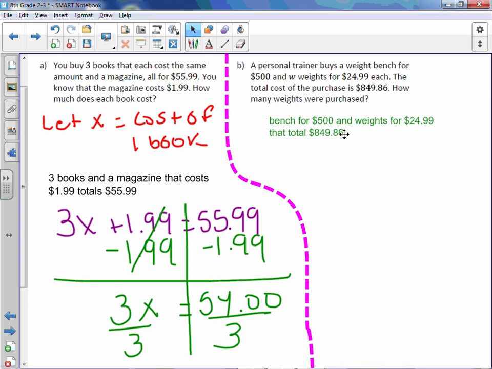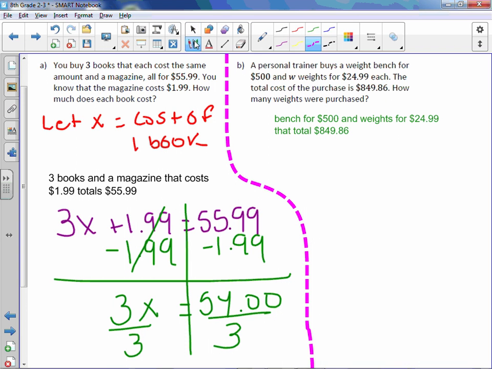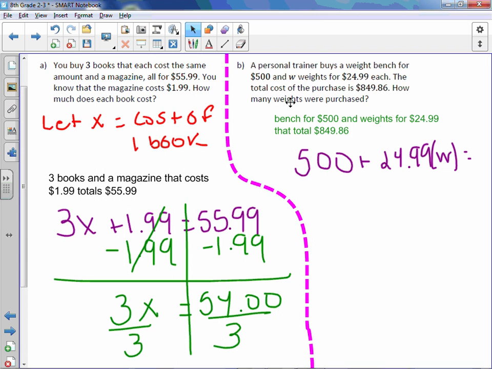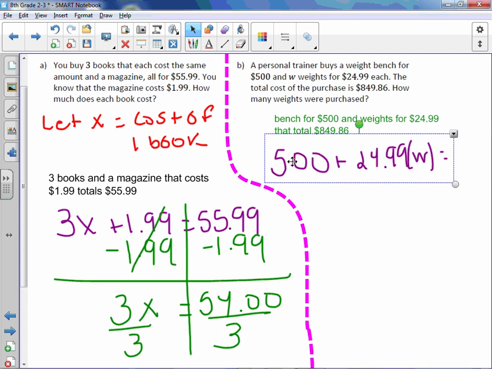Okay. We don't know how many weights. So we have our equation of $500 bench plus $24.99 times W weights equals, and our total price is $849.86.